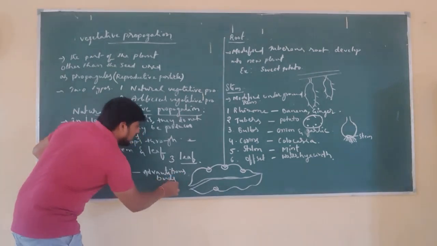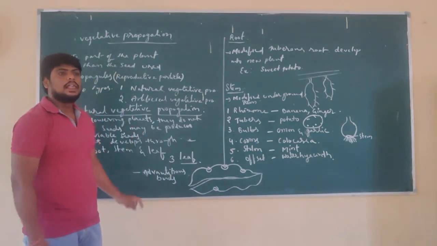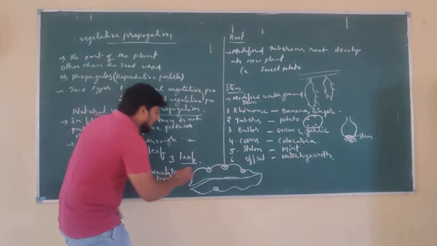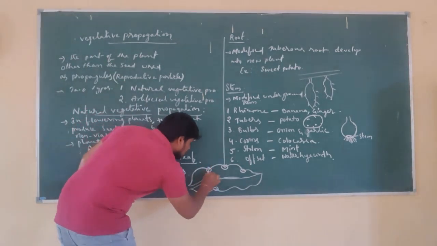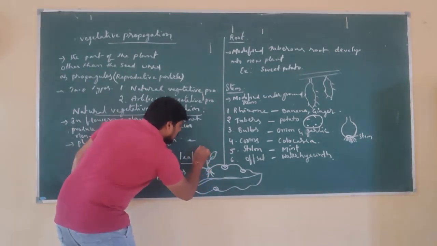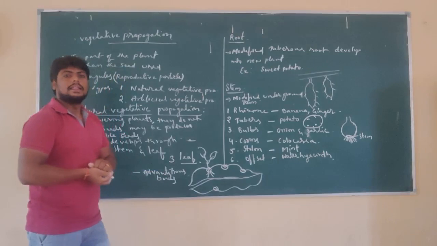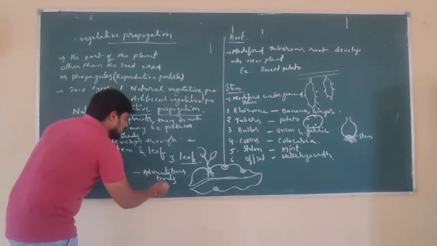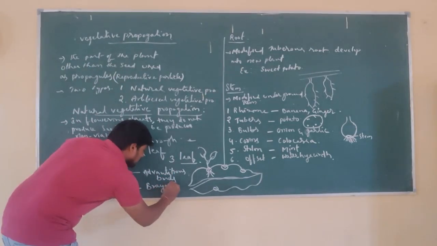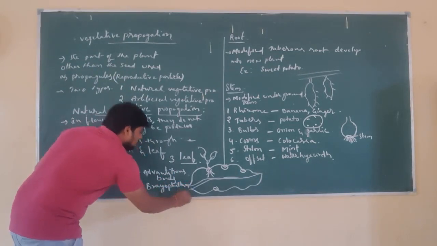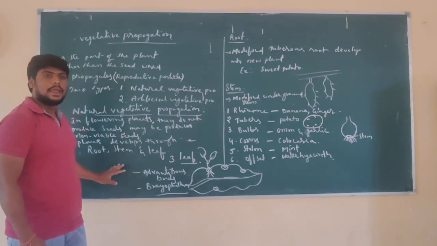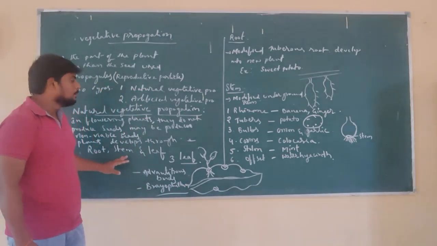Adventitious buds develop on the surface of the leaf, which in turn develop into a new plant. From these buds they develop roots as well as leaves and grow into a new plant. In this way, this method occurs in bryophyllum. So through the leaf, the growth of the plant occurs in bryophyllum.